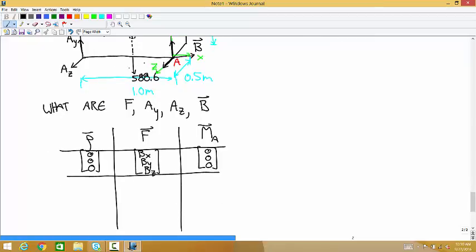So it's going to be, in the x direction, negative 0.5. In the y direction, positive 0.25. And in the z direction, negative 0.25. Anyone have any questions about how to get that?